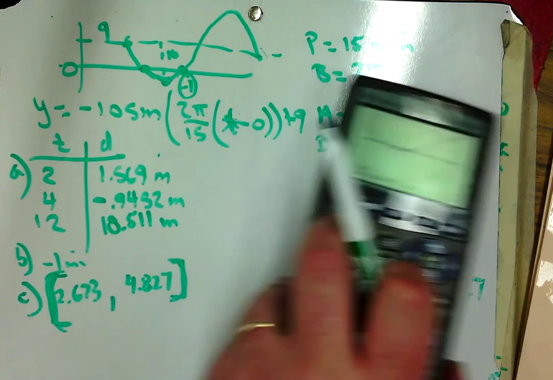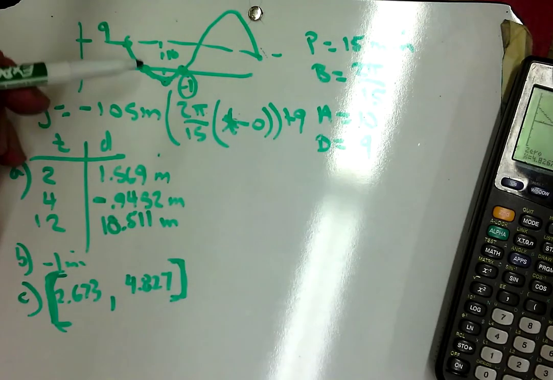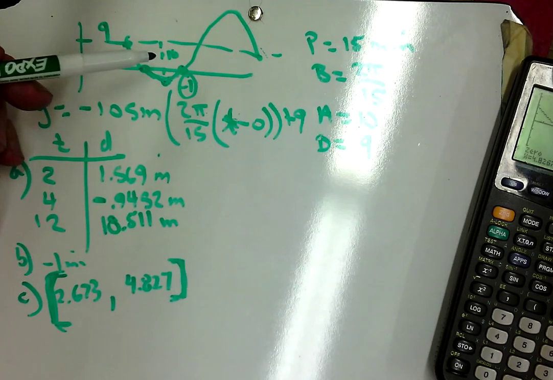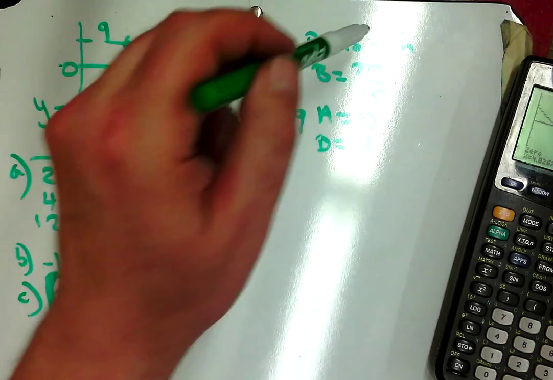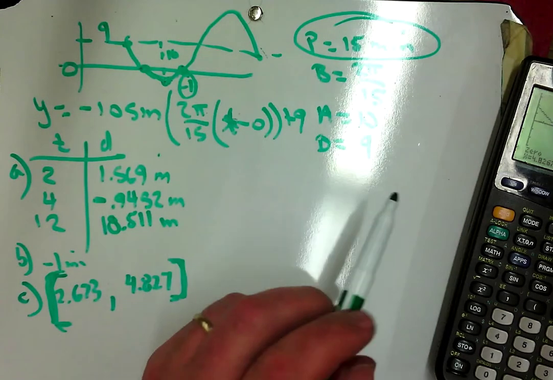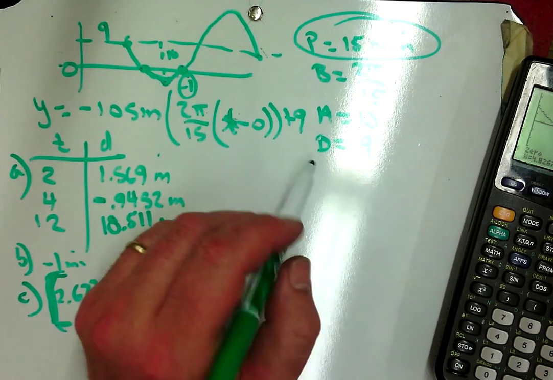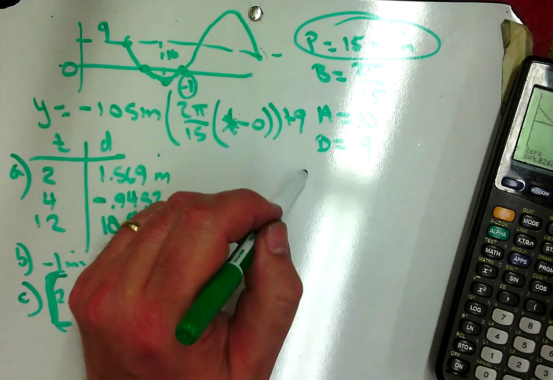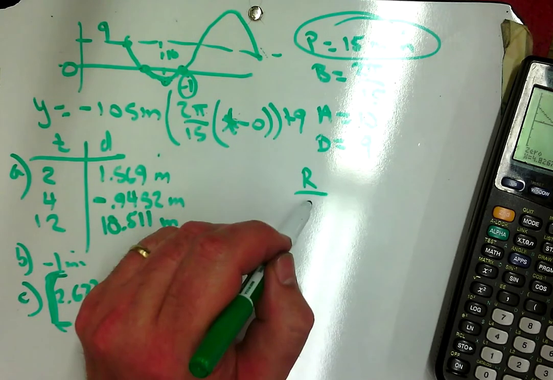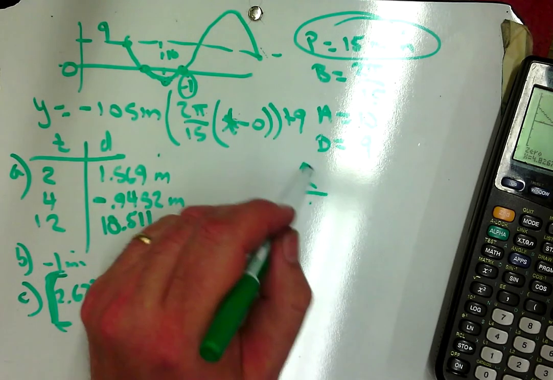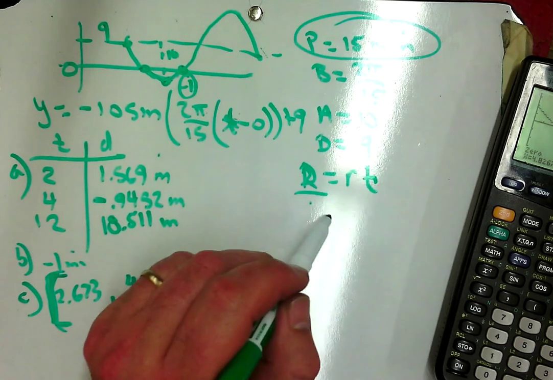The wavelength is the distance the wave travels in one period. It's also equal to the distance between two adjacent crests. Tsunami travels 1,200 kilometers per hour. Well, this is 15 minutes for one period. So we know that distance equals rate times time.